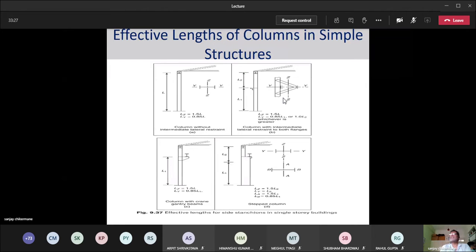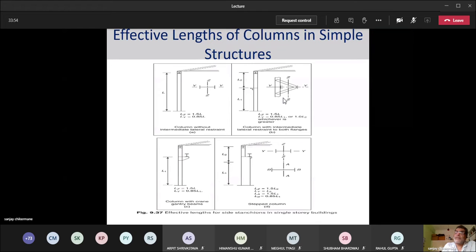This is something a little difficult to understand physically, but you can understand it this way: the effective length of the member in the y-axis is dependent upon the restraints in the xy plane. The effective length of the member in the z-axis is dependent upon the restraints of the member in the xz plane.